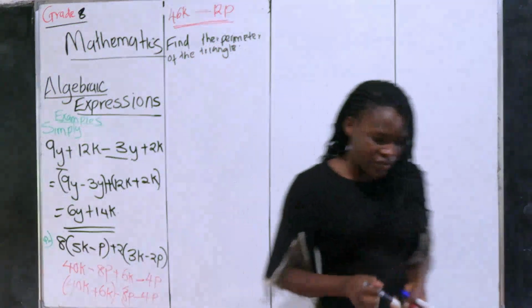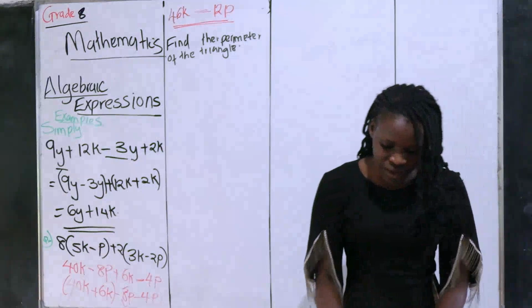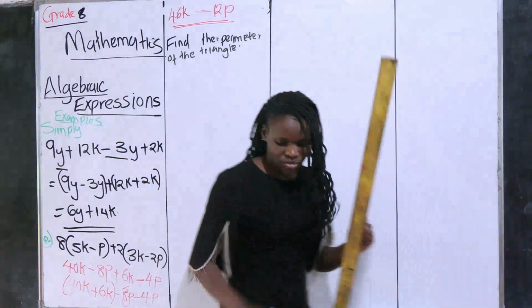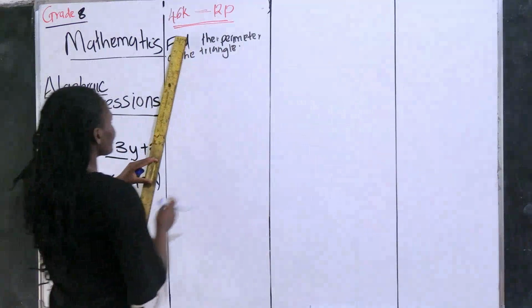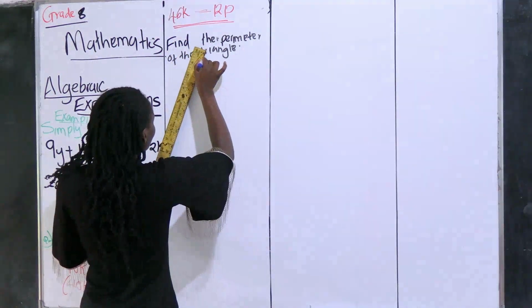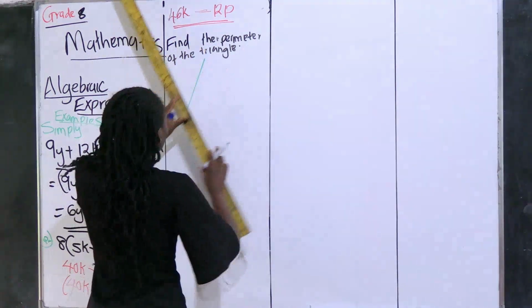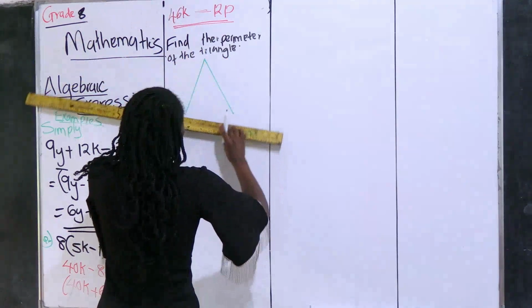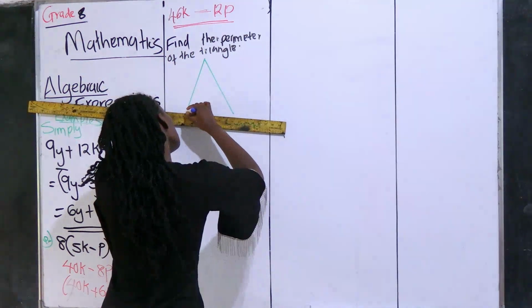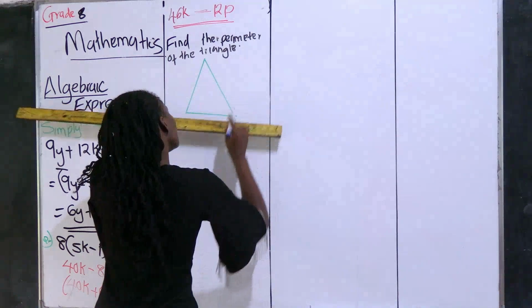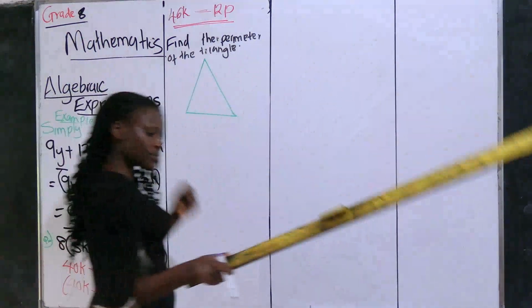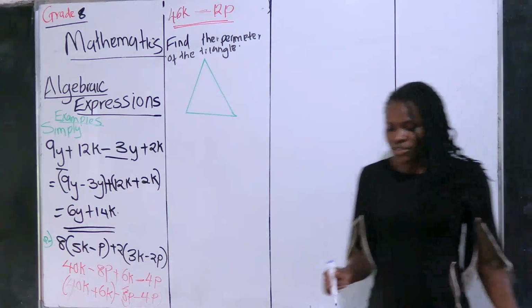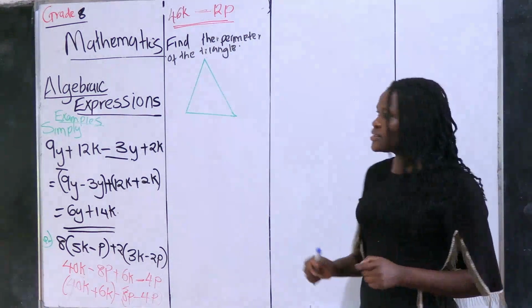So I want us to find the perimeter of this triangle. So this is the triangle.